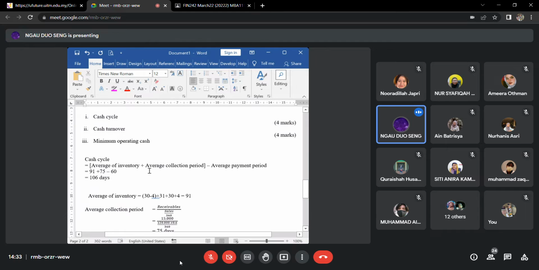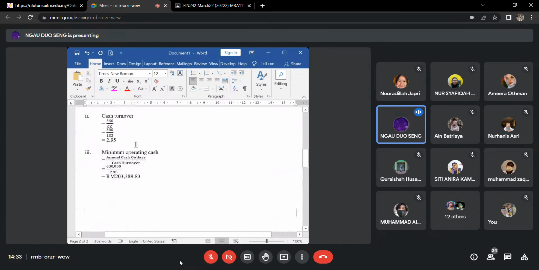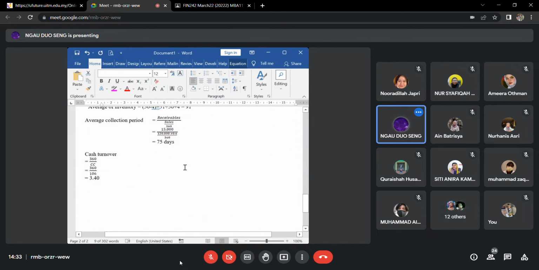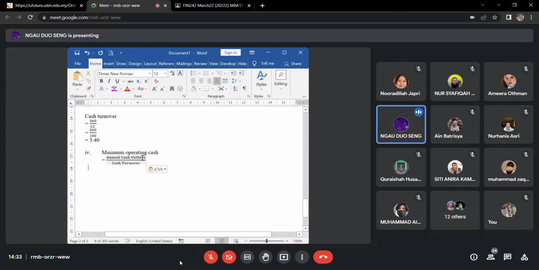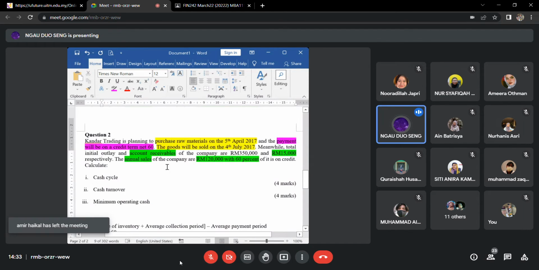Okay, next, minimum operating cash. The formula is annual cash outlay divided by cash turnover. So we just put here minimum operating cash equals annual cash outlay over cash turnover. So we refer to the question for the annual cash outlay.